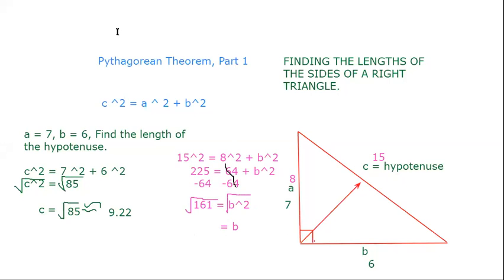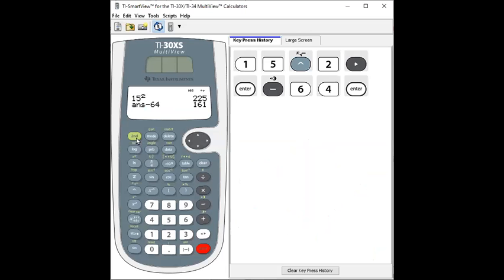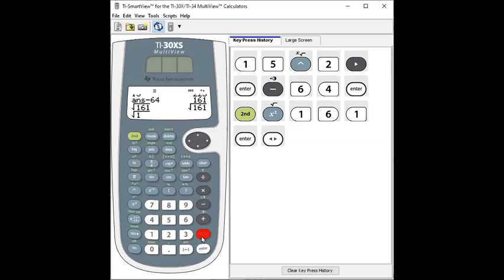Back to our calculator. Second square root 161. Enter. It does not go evenly, so we'll use the switcheroozy button and find that approximate decimal. So about 12.69 or exact square root of 161.